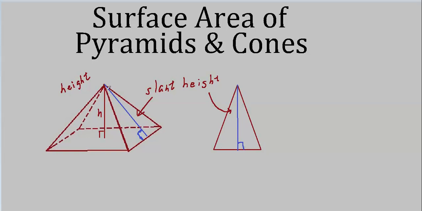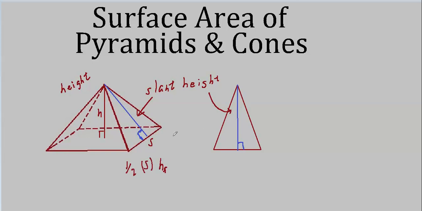Same thing here. The slant height is in fact the height or altitude of the triangle. So the area of this triangle would be this base times the slant height times 1/2. So we get 1/2 times the side length times h sub s, which is just what I'm using for slant height. Which is exactly the same as this thing over here.